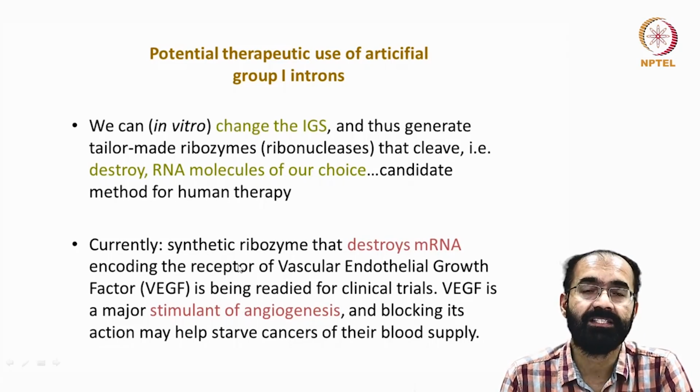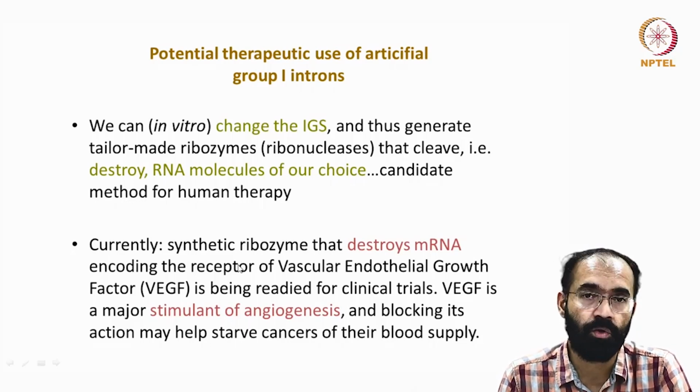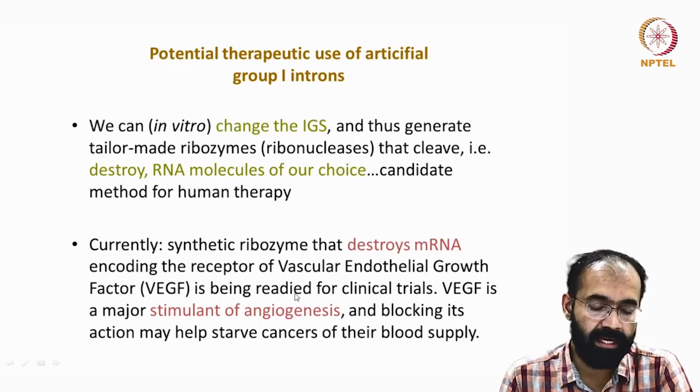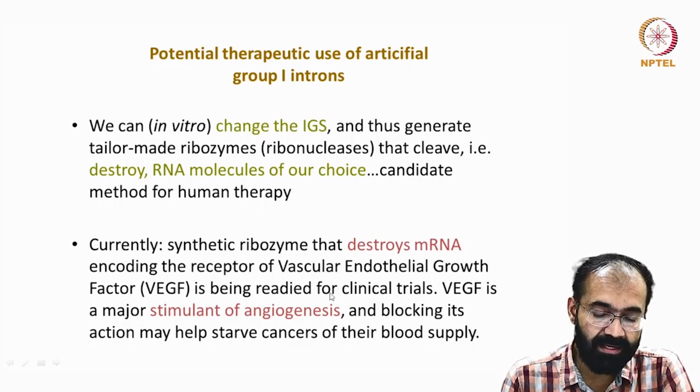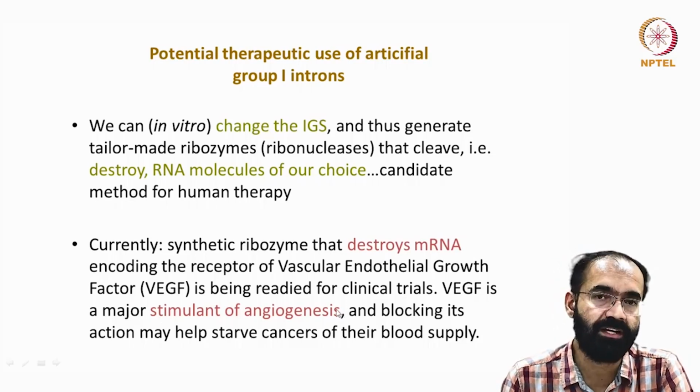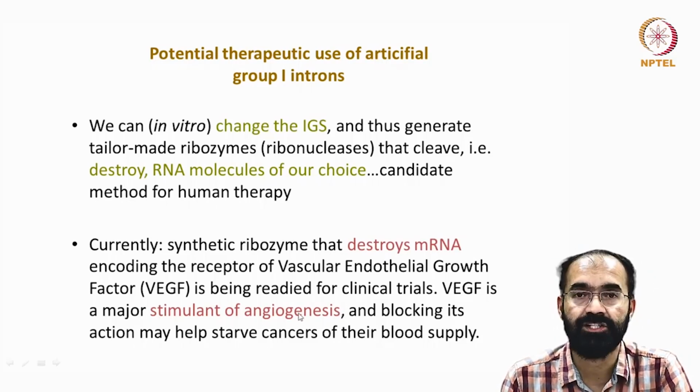So the formation of blood vessels requires VEGF. So if you target VEGF or VEGF receptor, then you can prevent the growth of cancer. So what is done is that you can create a VEGF receptor targeting ribozyme, and it's a major stimulant for angiogenesis. The formation of blood vessels is called angiogenesis.